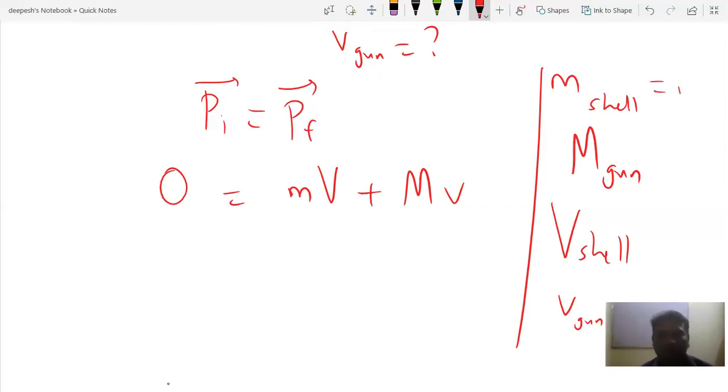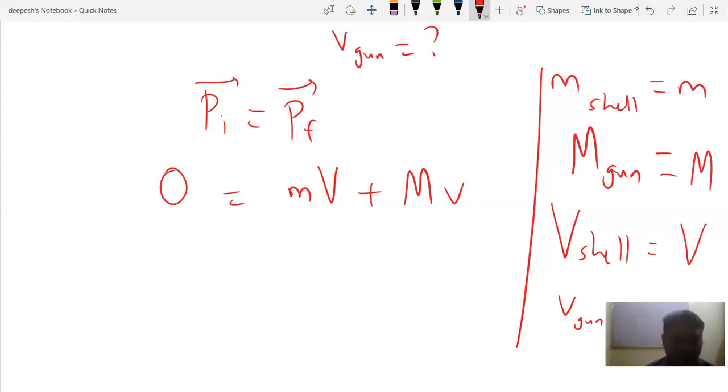The velocity of the shell is capital V, and the velocity of the gun is small v. Let us substitute these values.